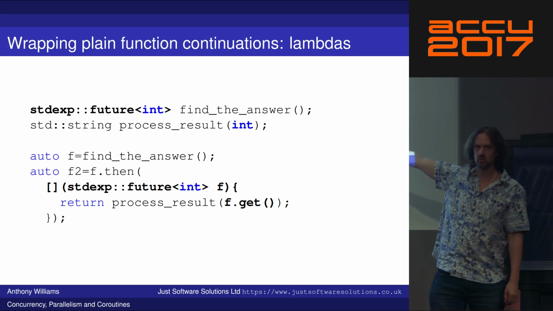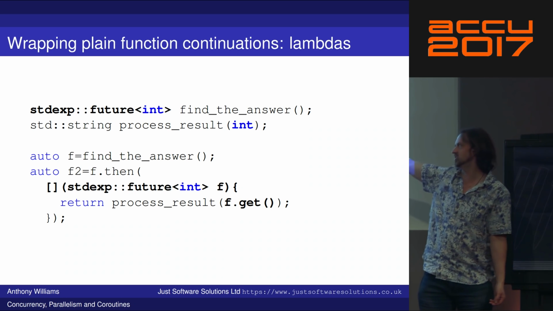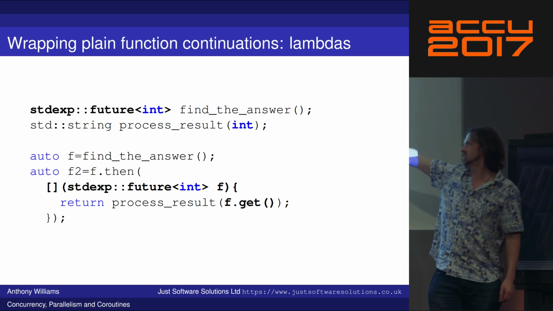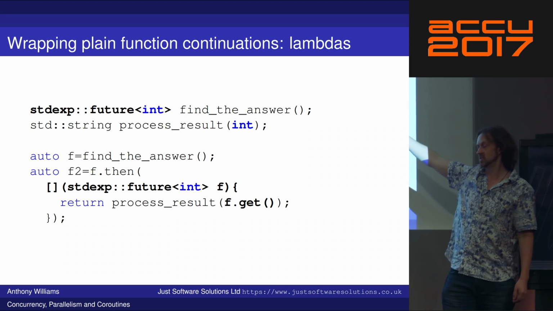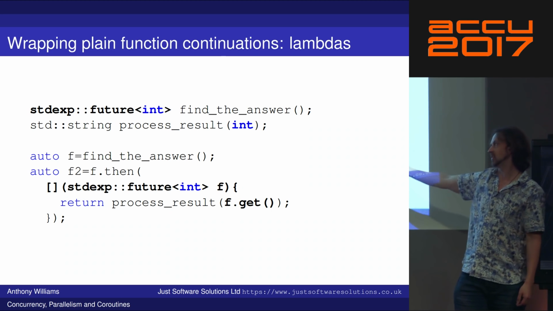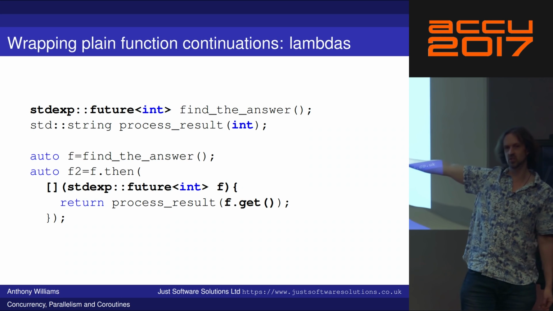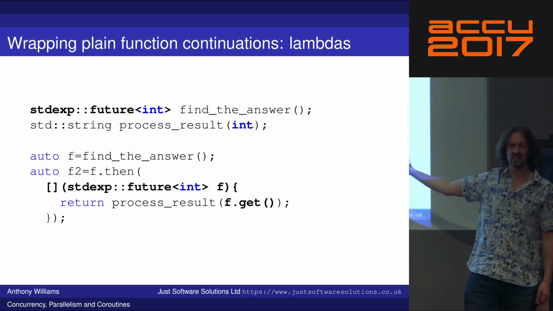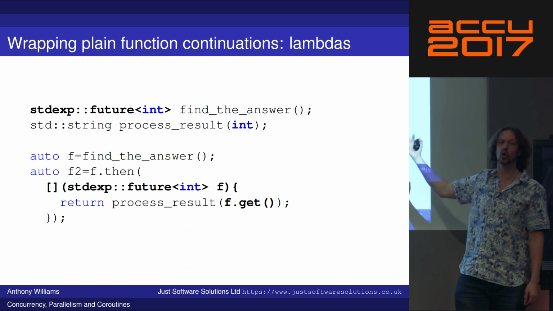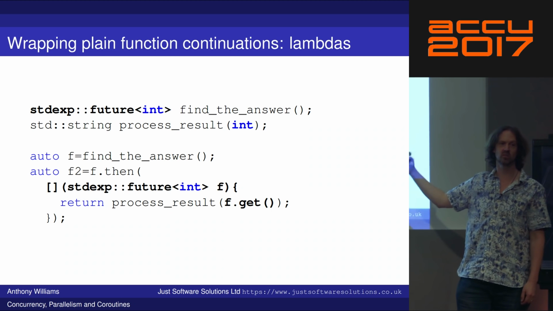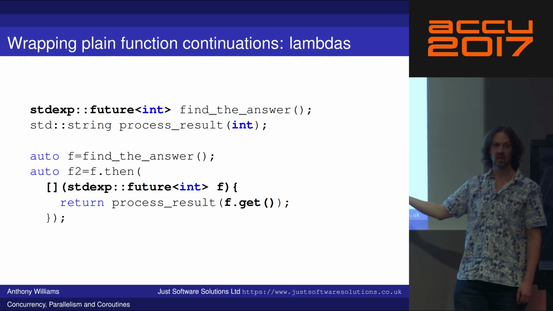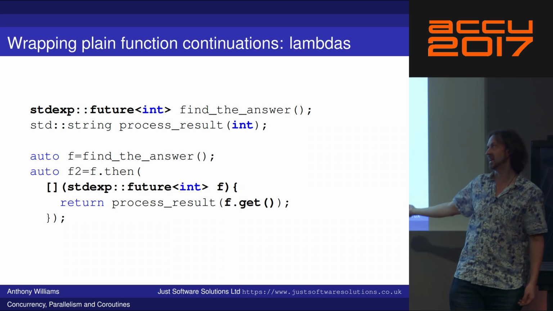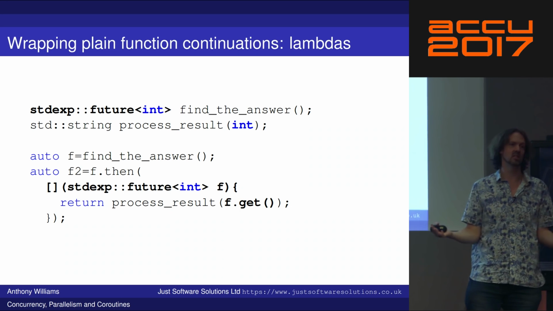You could, of course, use auto, but I'm spelling it out. It takes in the future, and then calls get and passes the result into process result. Obviously, this time, if the future holds an exception, process result won't see it because it won't get called, because the exception will now propagate out. But obviously, that's your choice.